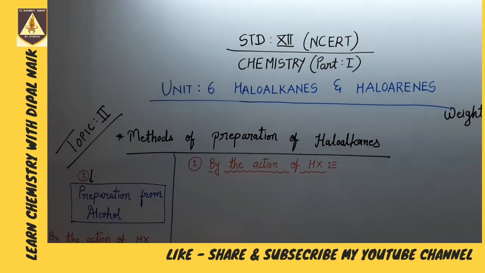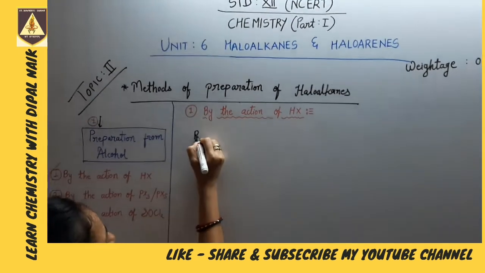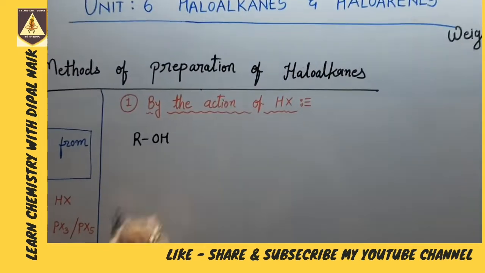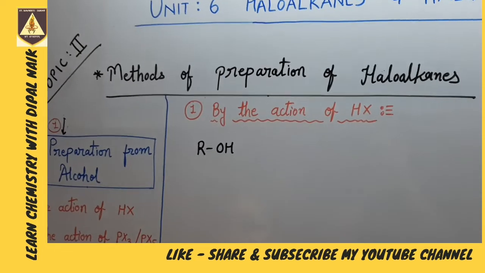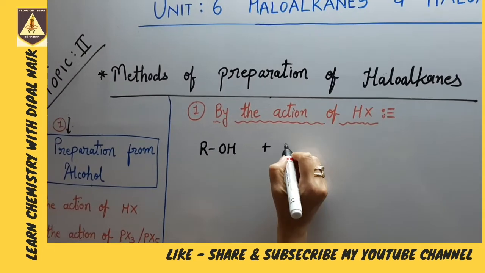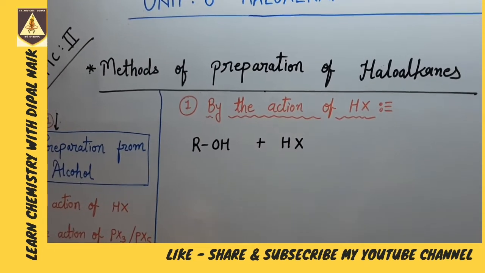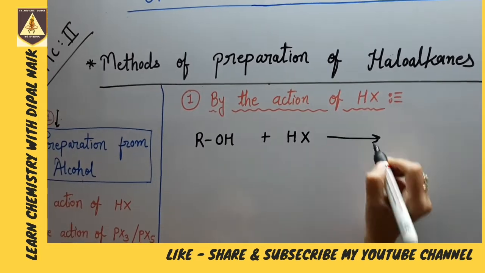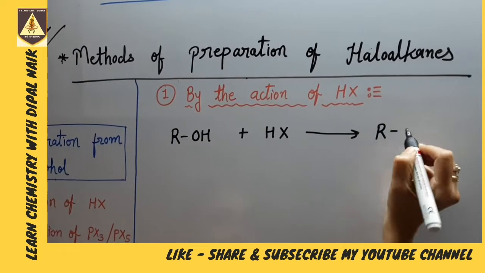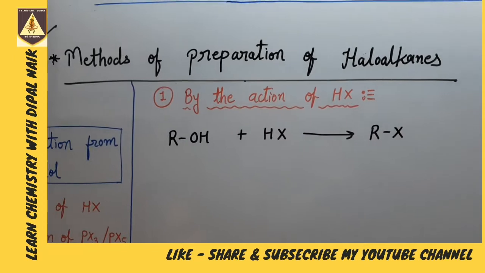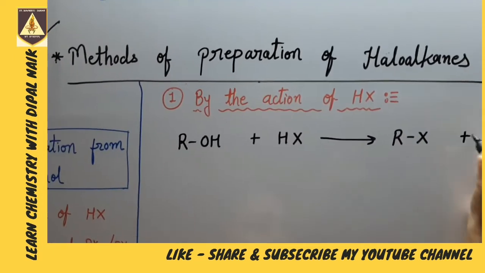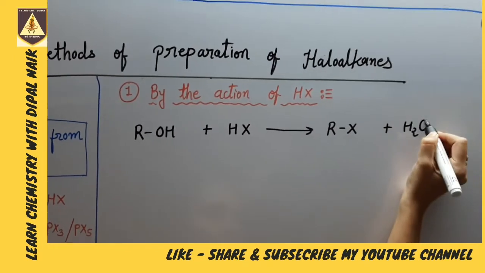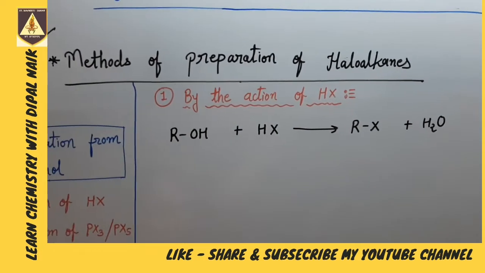The general reaction can be given as ROH, this is alcohol. This reacts with halogen acid, which is represented as HX, to give RX alkyl halide and water as byproduct.